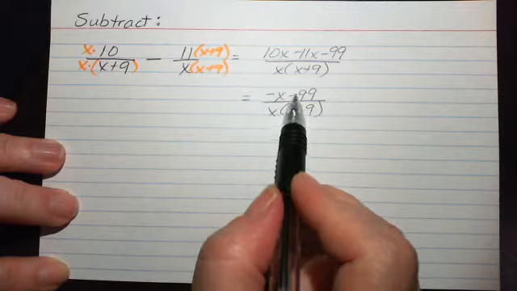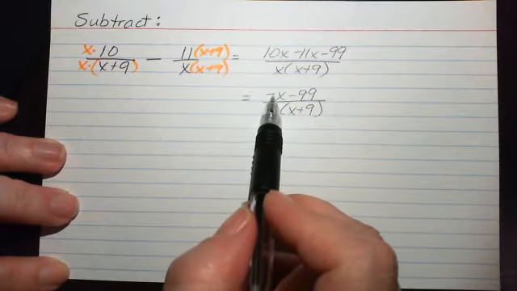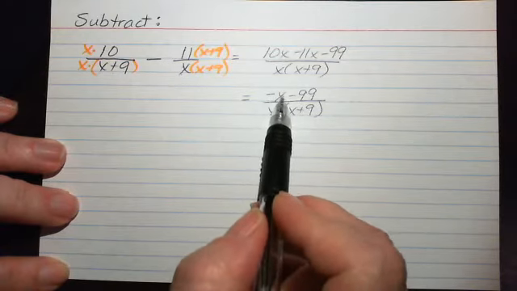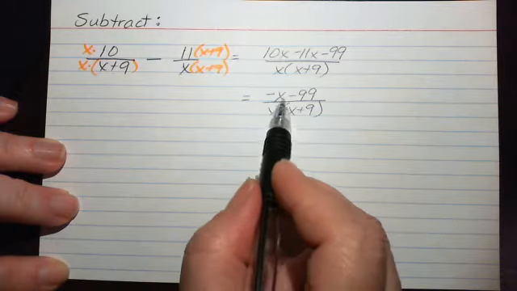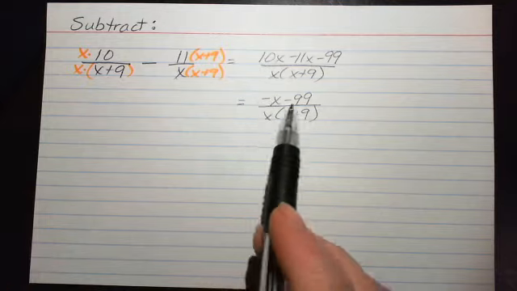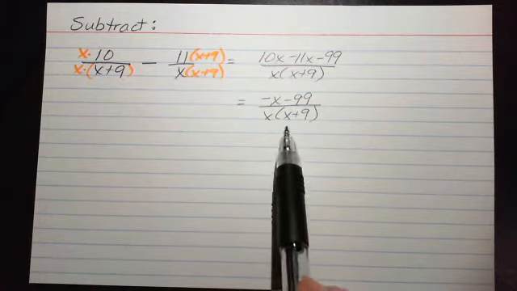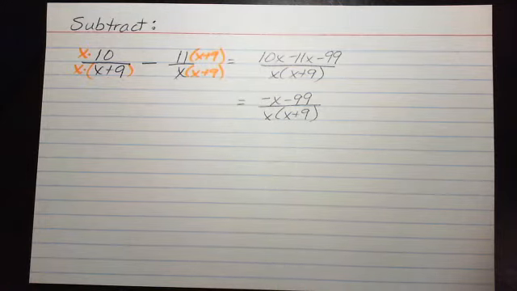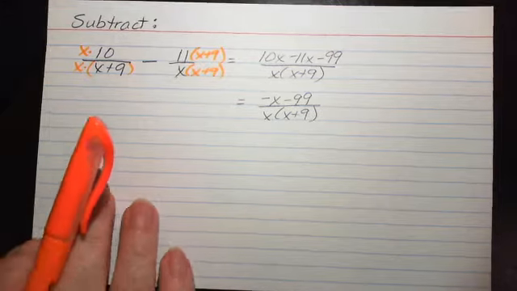Now, can we factor this any further? Well, we could factor out a negative 1. That's all we could factor out, and that would not cause anything to cancel, wouldn't remove any factors of 1, so we could leave it in this form here. Okay, subtraction is done with our common denominator.